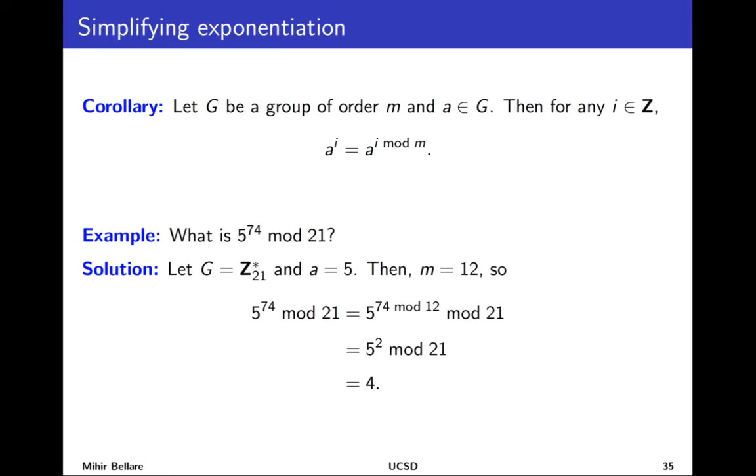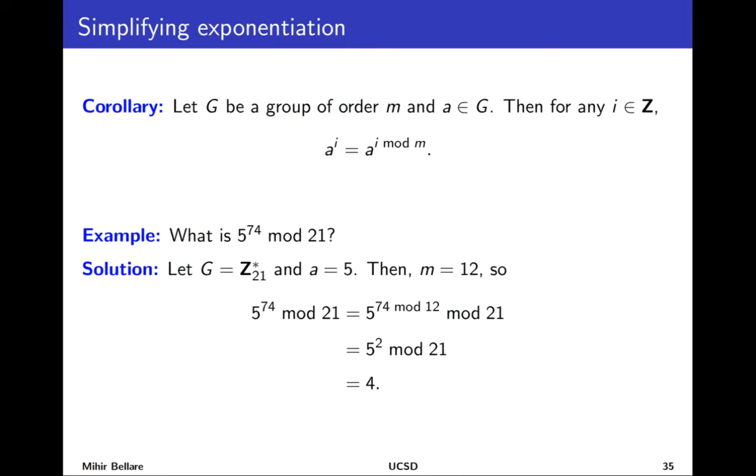So the corollary tells us that rather than trying to directly raise 5 to the 74, I can first reduce 74 mod 12 and raise 5 only to that. Reducing 74 mod 12 is pretty easy. 72 is a multiple of 12, so 74 mod 12 is 2. So we only have to raise 5 to the power 2 mod 21, and 5 squared is 25, mod 21 is 4.